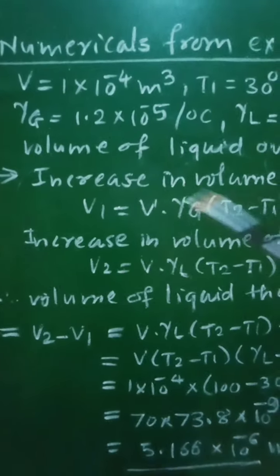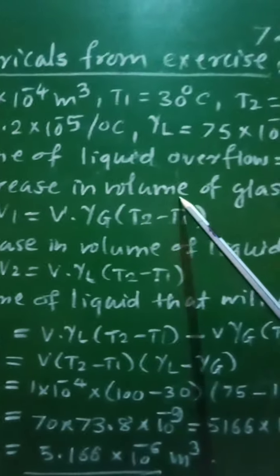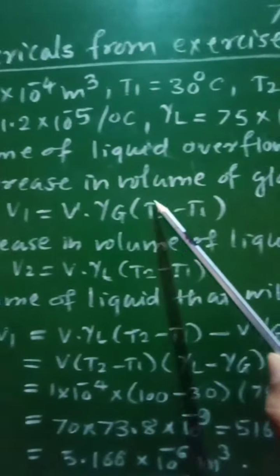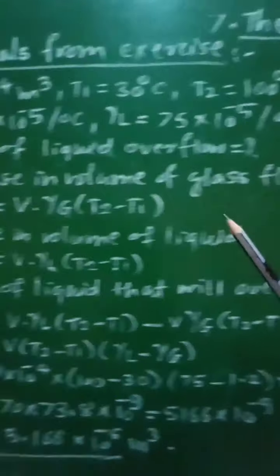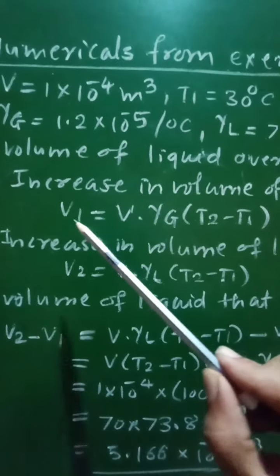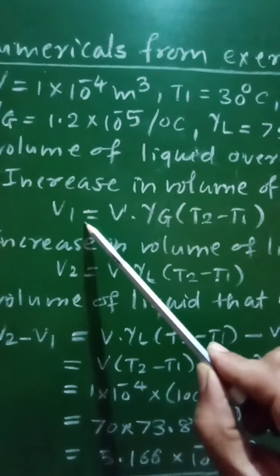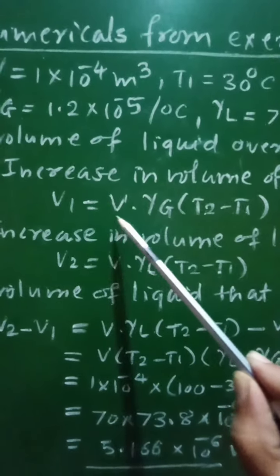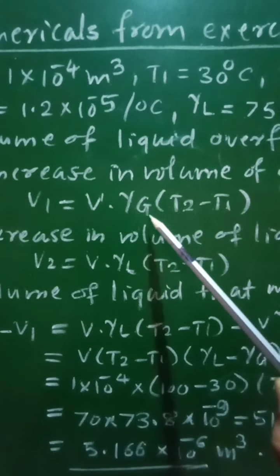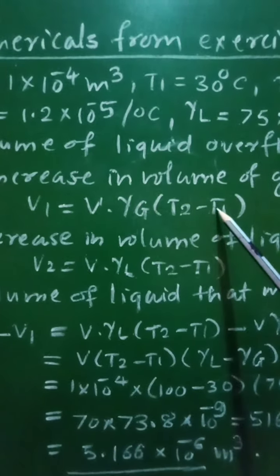Therefore, let us find the increase in volume of the glass flask. According to the concept of volume expansion, the increase in volume, let it be Phi1, will be equal to original volume Phi into gamma G into T2 minus T1.